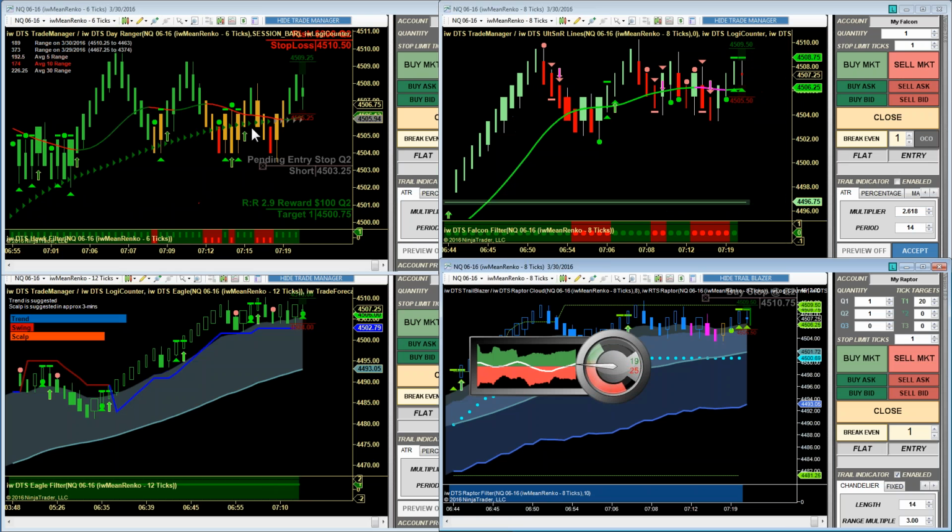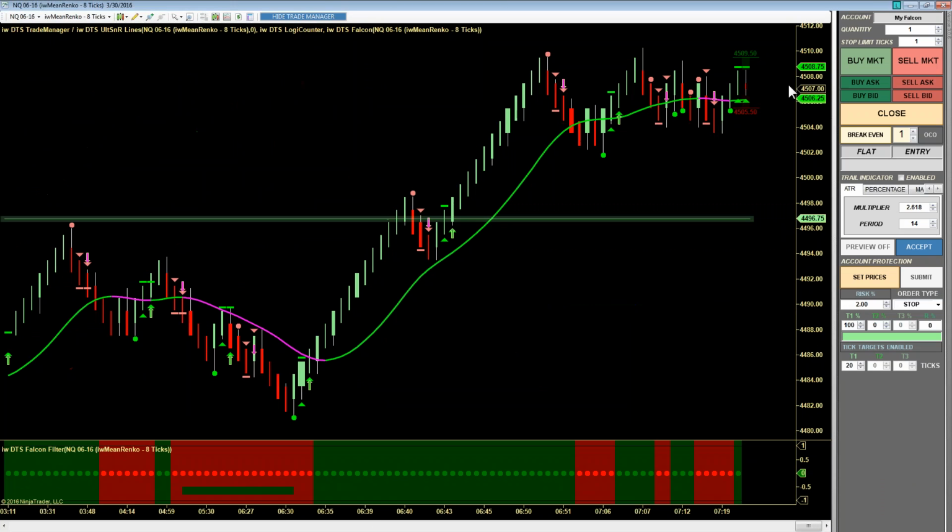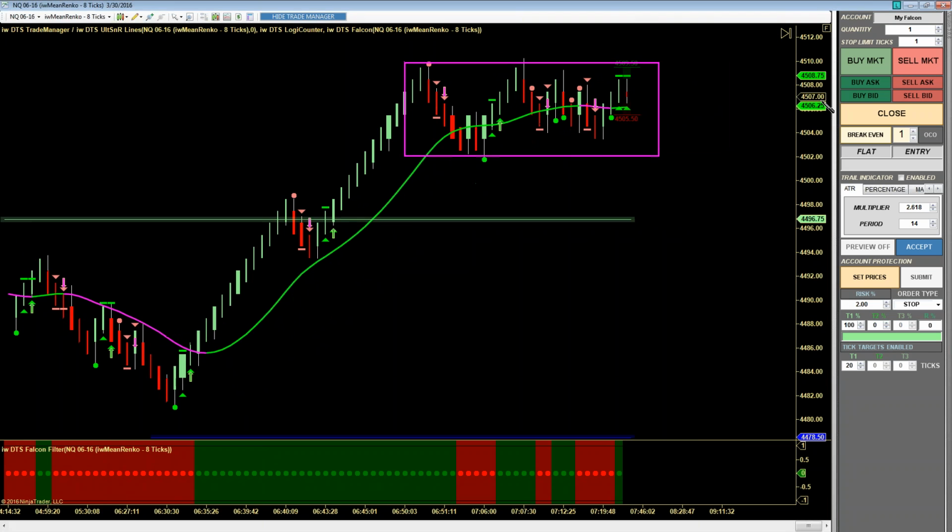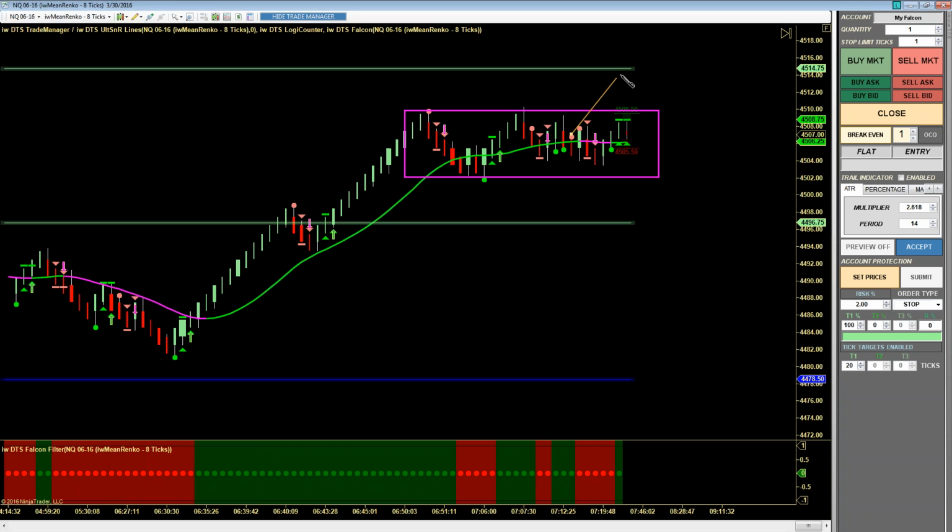By the way, people always ask me, how do you trade a choppy market? Well, really you don't. The best thing to do with a choppy market is to wait it out. So if you know that this is the market range, the best thing you can do is let the market break, retest, and then look for your signal. And same thing here.